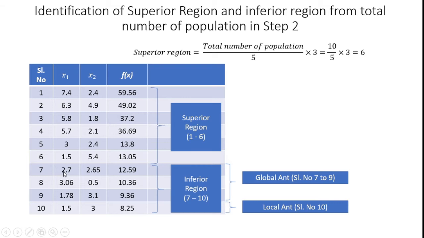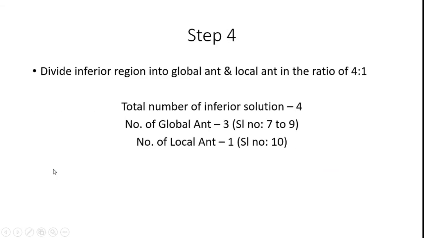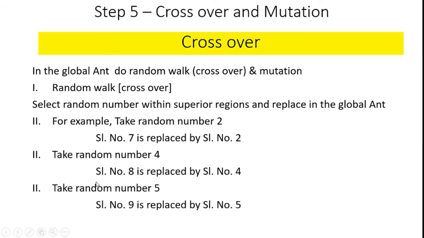I replace the value with the random number. For example, serial number 7 is replaced by serial number 2 because I got the random number 2. Then to take the next random number, again using the calculator, I generate the random number 4, so serial number 8 is replaced by serial number 4. And then I again take a random number, which comes as 5, so serial number 9 is replaced by serial number 5.